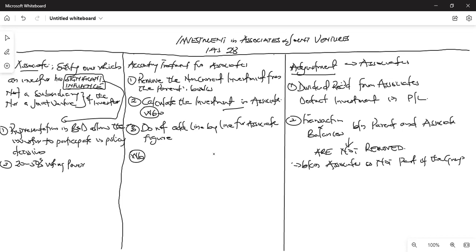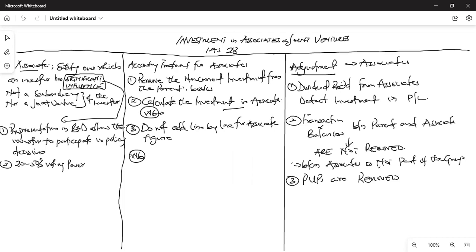All right. However, we said the balances and the transactions are not eliminated. However, the PAPs are eliminated because those are profits. PAPs are eliminated. They are removed. So that is that.